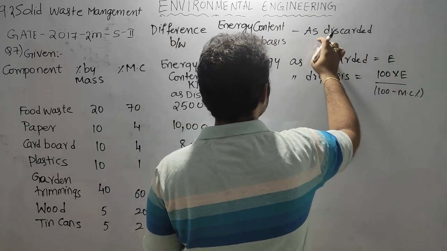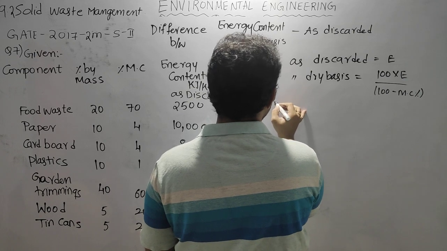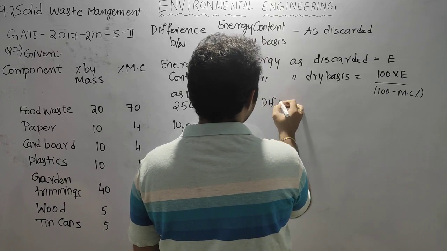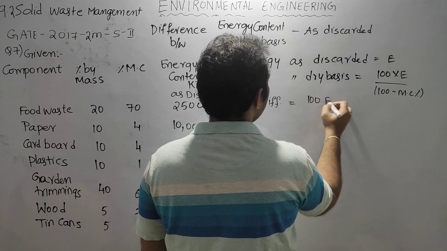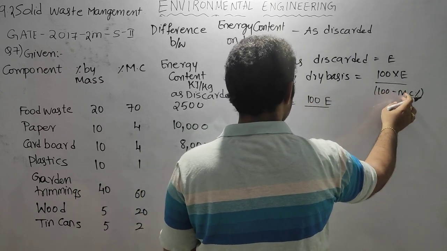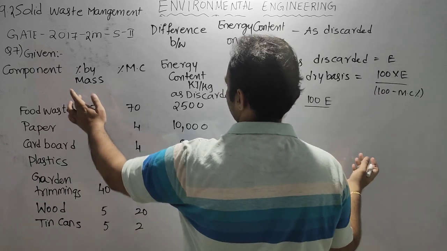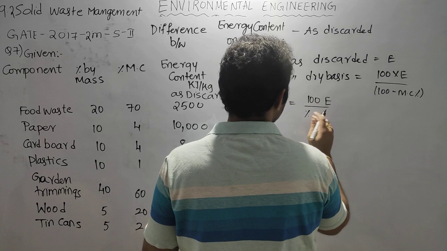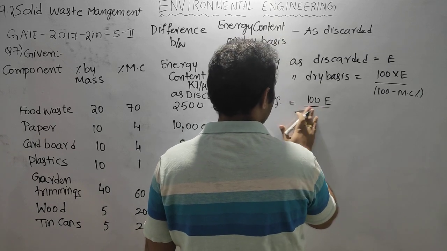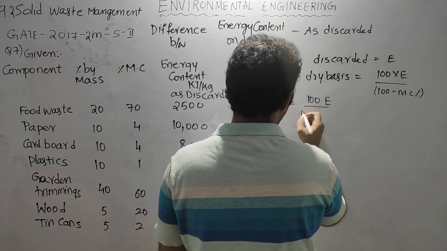This minus E again. So that means he is asking the difference. The difference is equal to 100 into E by 100 minus moisture content, which is nothing but percentage mass only, minus E. Anyways, let us take it as 100 minus moisture for a while.